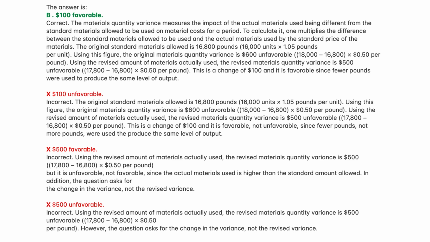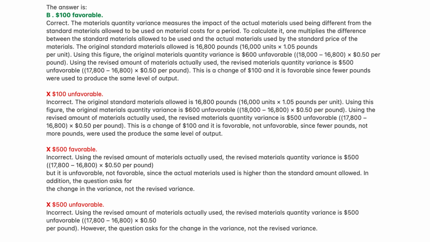To calculate it, one multiplies the difference between the standard materials allowed to be used and the actual materials used by the standard price of the materials. The original standard materials allowed is 16,800 pounds, 16,000 units times 1.05 pounds per unit. Using this figure, the original materials quantity variance is $600 unfavorable, 18,000 to 16,800, times 50 cents per pound.